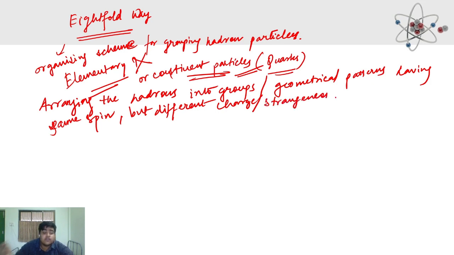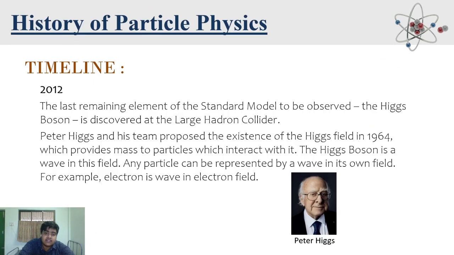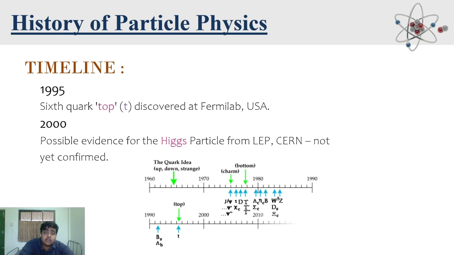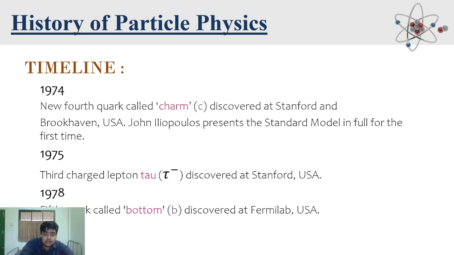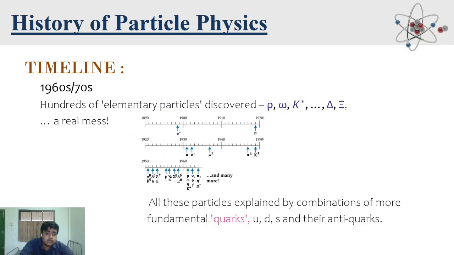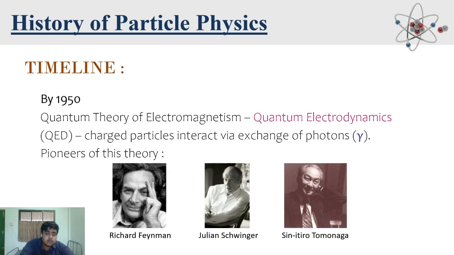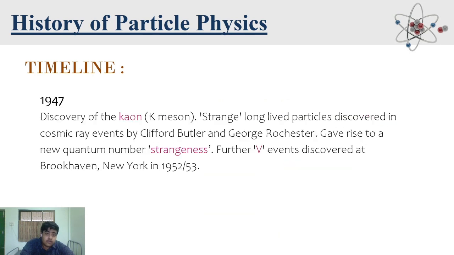Yeah, the strangeness which was discovered, I forgot the year. That's why I told that we don't need to remember the dates really. We need to remember the concept. So, strangeness was found in 1947.